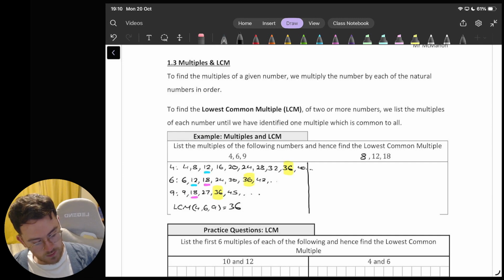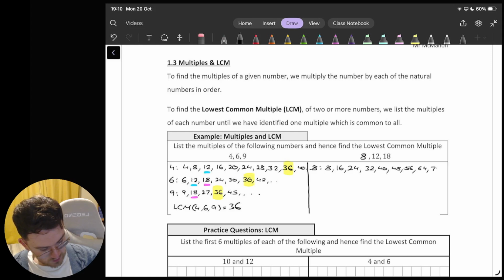We can do the same in a second example. Let's look at multiples of 8: 8, 16, 24, 32, 40, 48, 56, 64, 72, 80. We could do 12: 12, 24, 36, 48, 60, 72, 84.